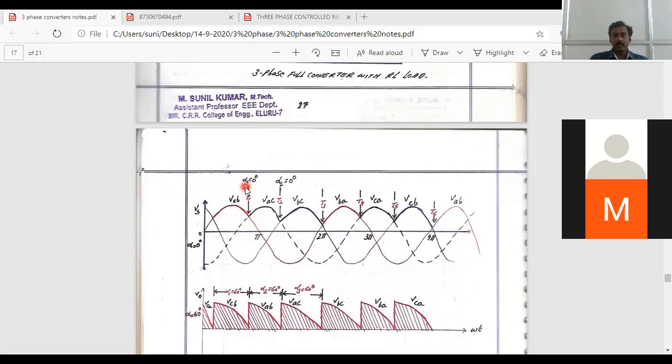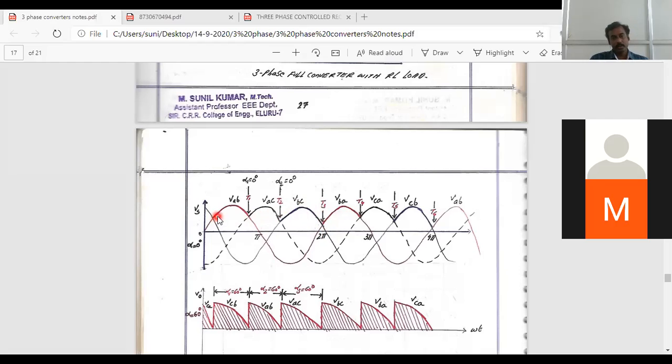Okay, whenever alpha is considered to be of 0 degrees, you are going to have the conduction provided from this point to this particular point. That is going to be the conduction of T1, and from this 150 to this 270, that is going to be the conduction for T2, and from 270 to 390, that is going to be the conduction for T3.